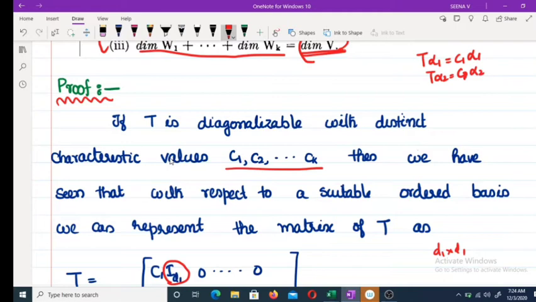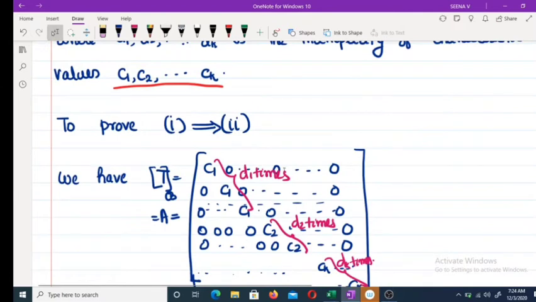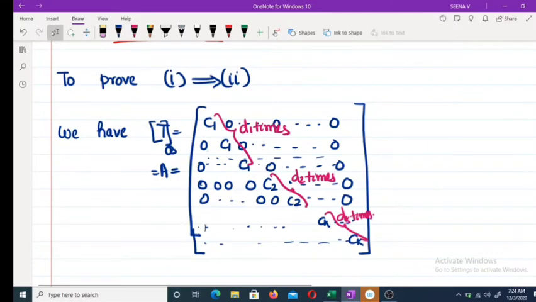These are characteristic vectors, and there is a basis containing the vectors alpha 1, alpha 2, etc. So, C1 alpha 1 you can write as C1 alpha 1 plus 0 into alpha 2 plus etc. Then if we consider the matrix, the matrix is a diagonal matrix, which we have already discussed in our previous classes. Okay, so this is our matrix.